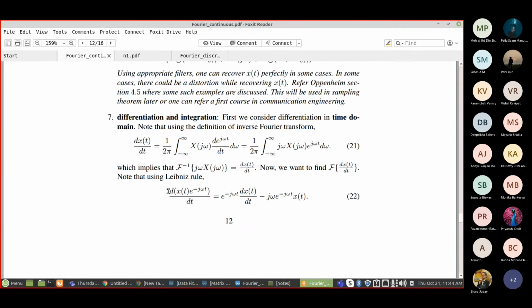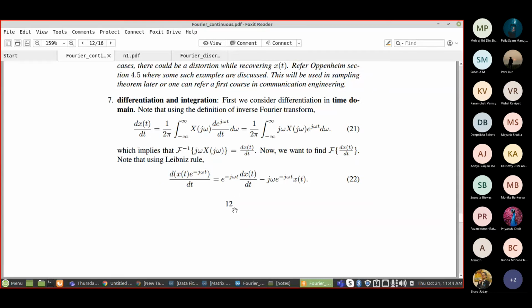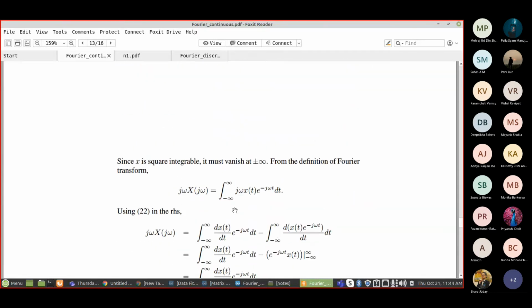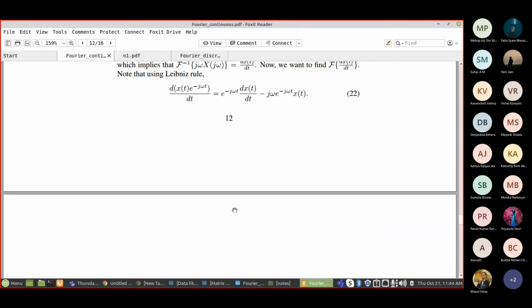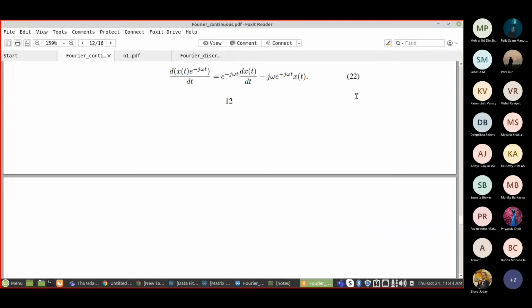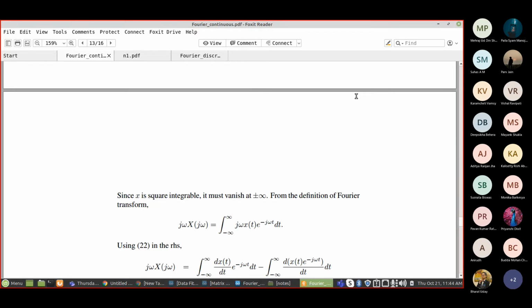Okay, so let's recall the Leibniz rule first. It's just the product rule of differentiation. So let me not explain that. This is the expression which we are going to use.